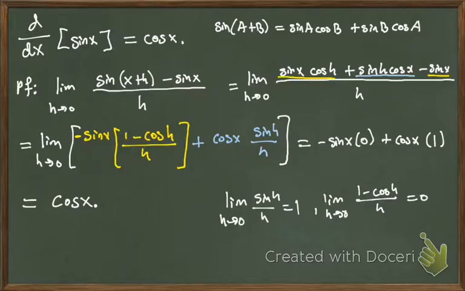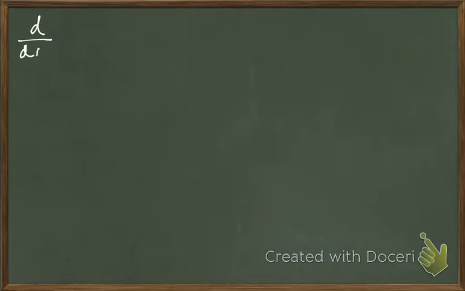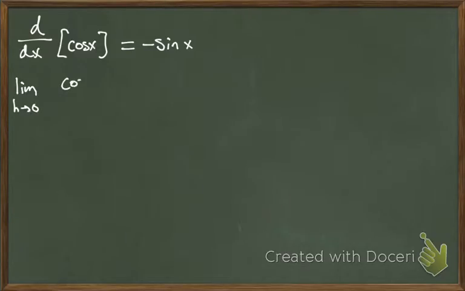We'll go ahead and do a quick derivation of the derivative of cosine, which is going to be minus sine, and we'll use another sum angle formula. So limit as h goes to 0 of the cosine of x plus h minus the cosine of x all over h. And this time we'll use the sum formula.